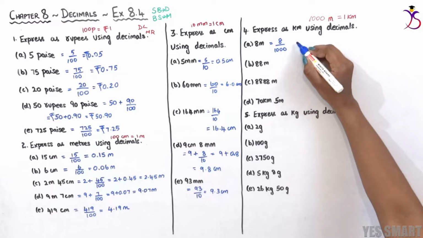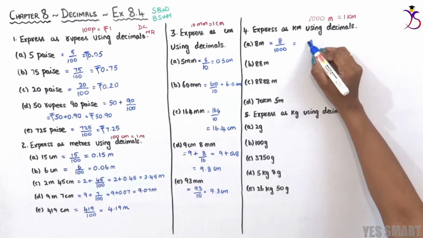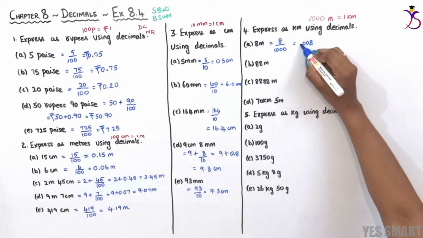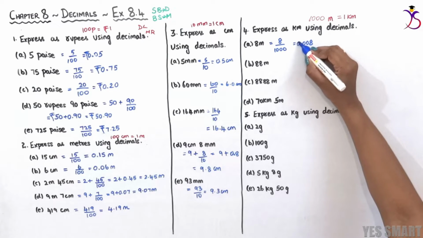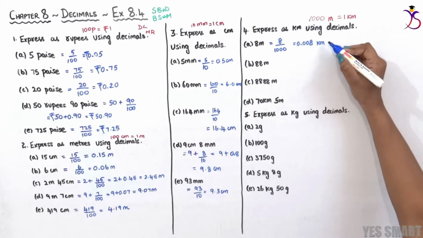There are 3 zeros here. So we are supposed to move the decimal point in the left hand direction by 3 digits. So 8, 0, 0, and here we are placing the decimal dot. Before that we will write a 0, which is equal to 0.008 kilometers. So we have moved the decimal point 3 places in the left hand direction.